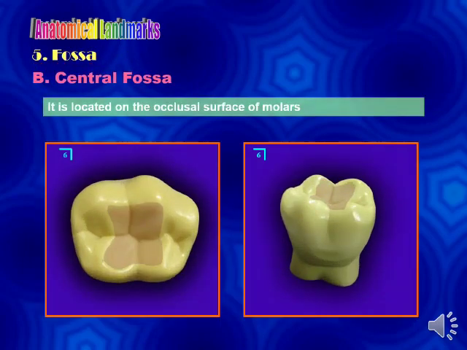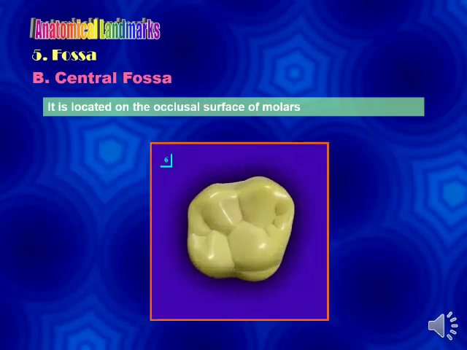It is located on the occlusal surface of molars. This depression or concavity is called the central fossa on the occlusal surface of the molar, here in the maxillary molar.